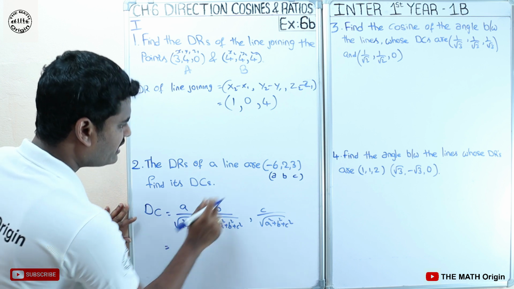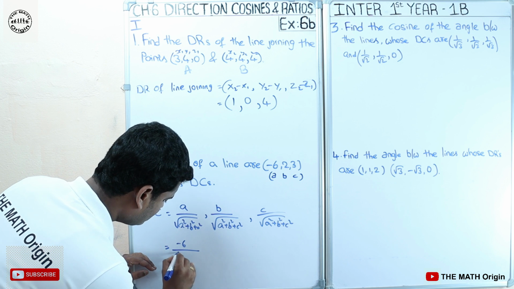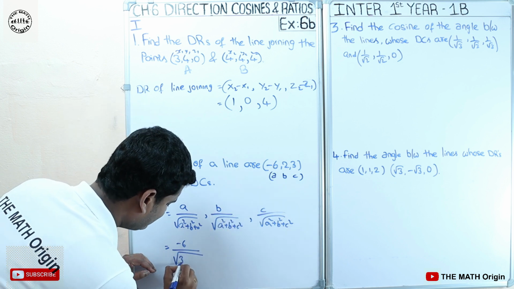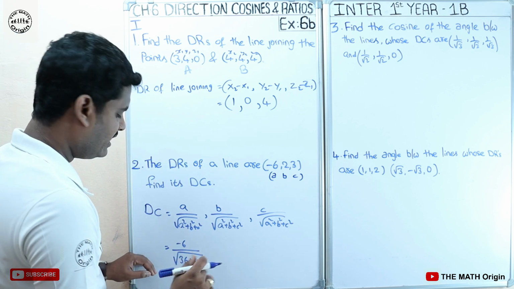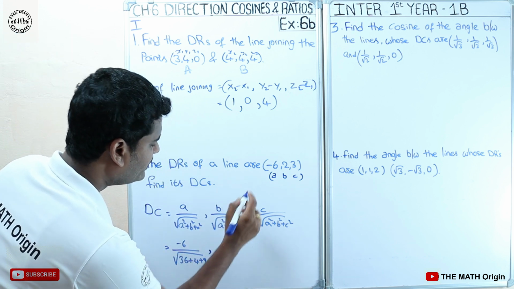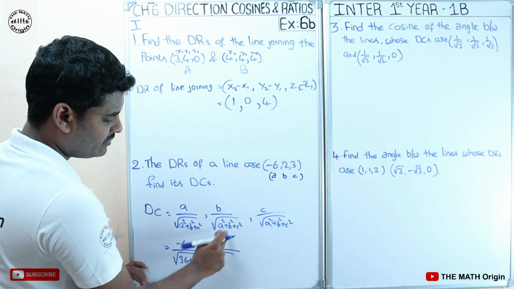Here A is -6 by root of A square, 6 square is 36, plus 2 square is 4, plus 3 square is 9. Comma, B means 2 by root of A square plus B square plus C square.